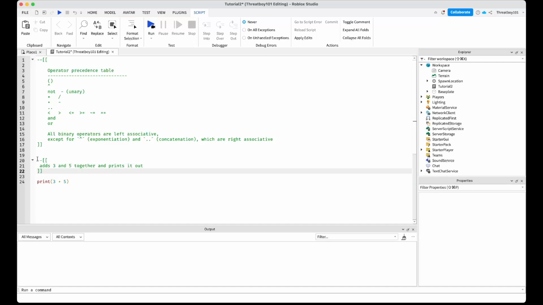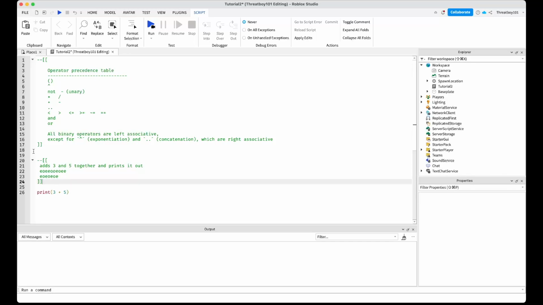When the computer comes along and sees this, it knows you're about to start a multi-line comment, and then you can type it out, and once you're done, you close it off with double square brackets, and that's how it will know that you are finished writing the comment.